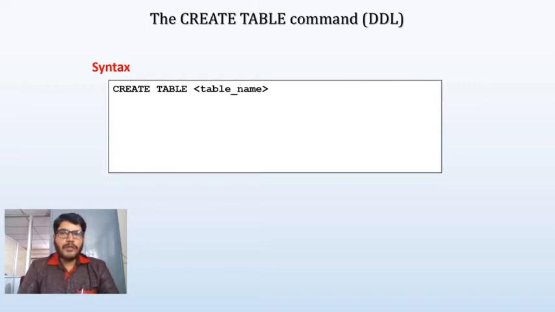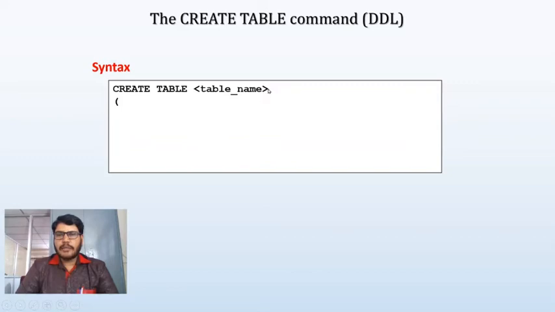So how to define these column definitions? We have to define these column definitions by using an opening parenthesis immediately in the next line. So what have we written? We have written create table, table name.